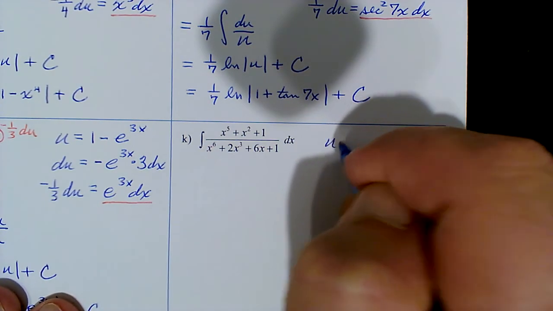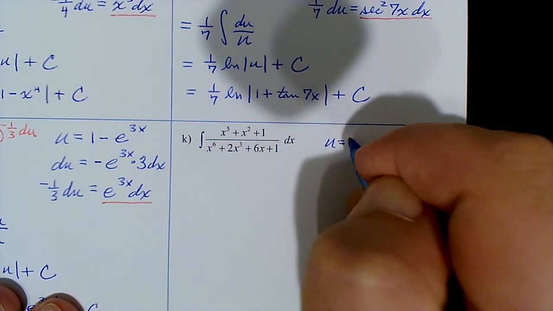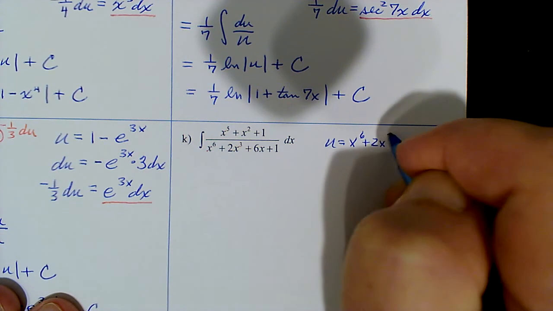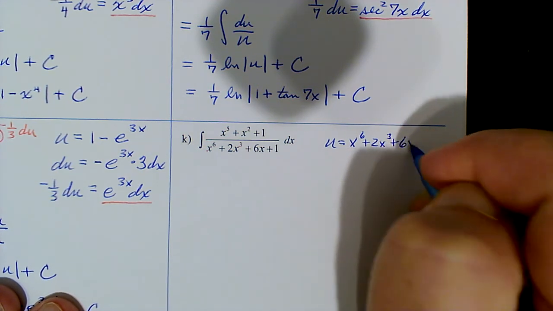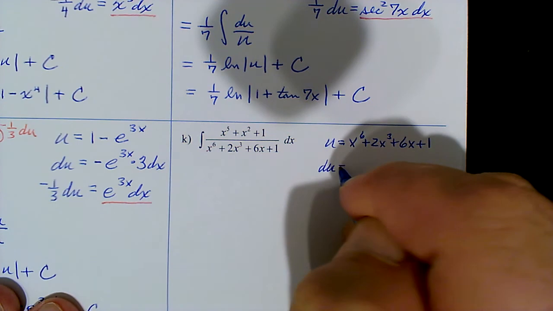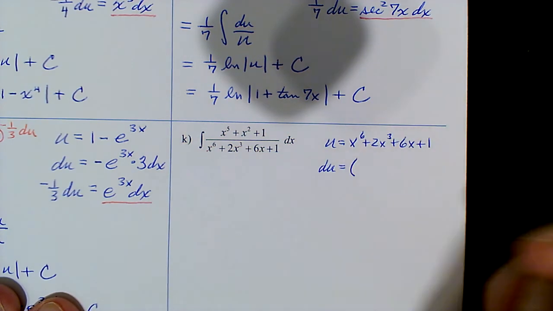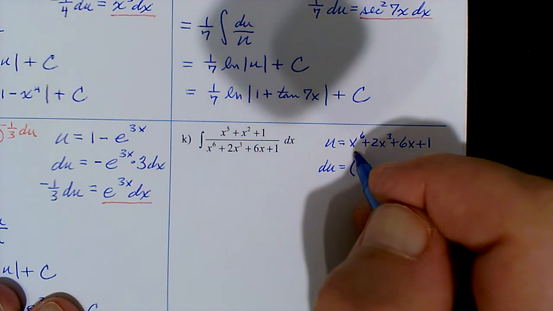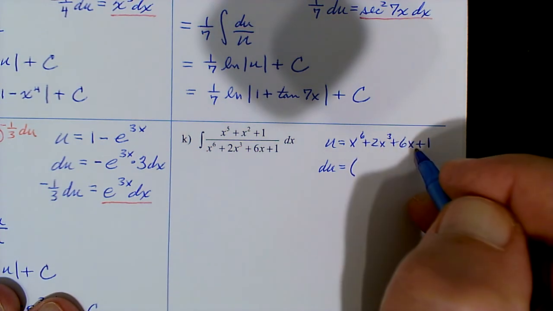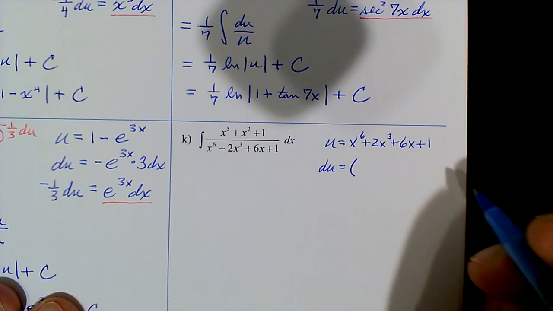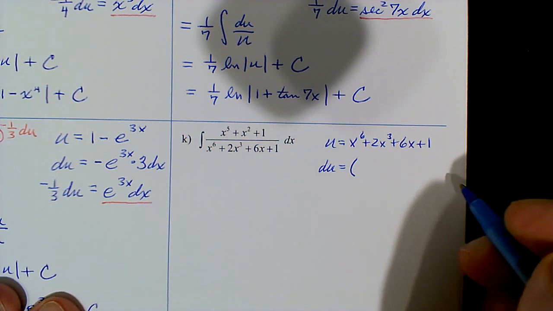So we pick our u to be this string of terms, x to the 6th plus 2x cubed plus 6x plus 1. When we calculate our differential du, formally we do need a set of parentheses because our du is going to contain more than one term, and parentheses are necessary to write it correctly in differential form.